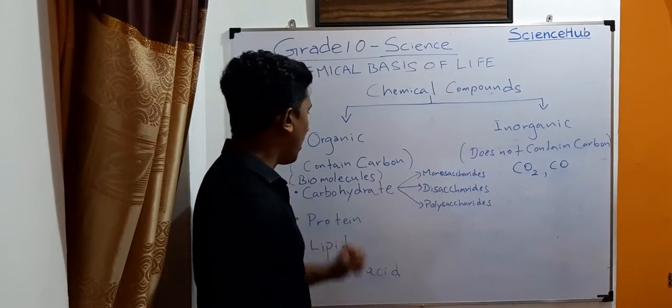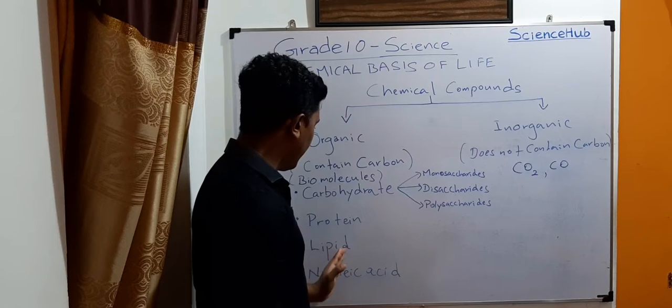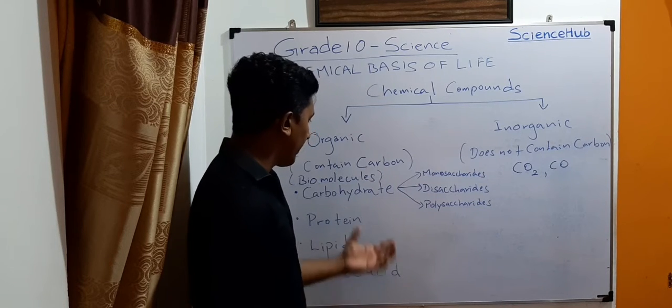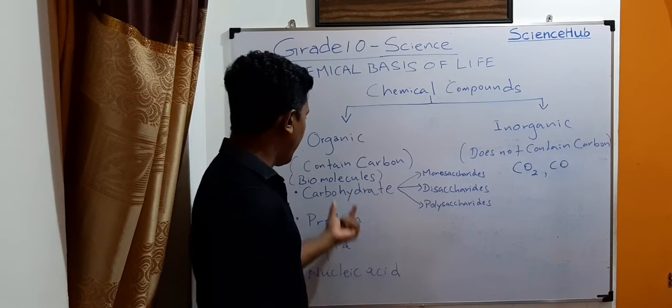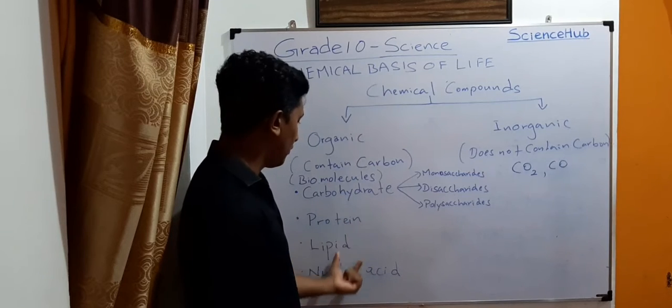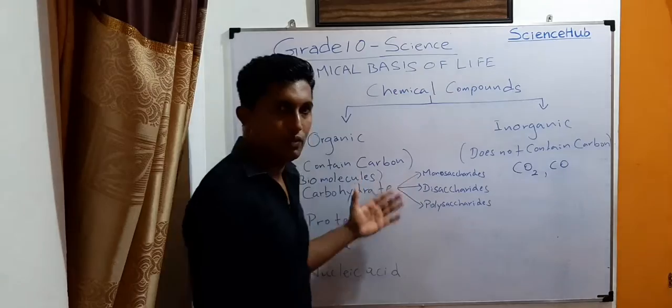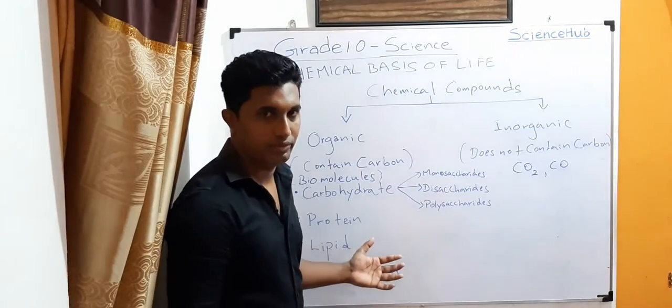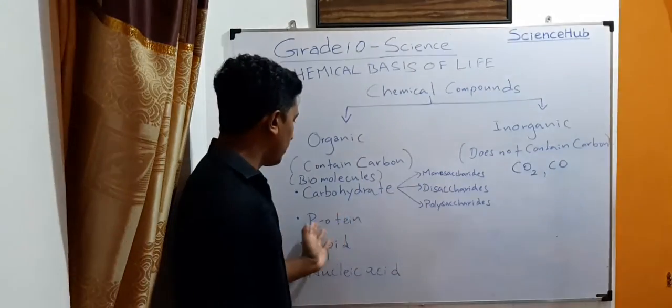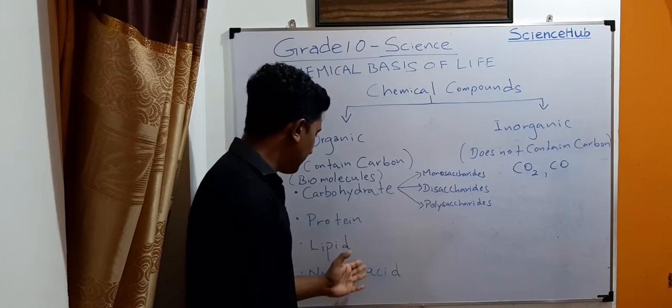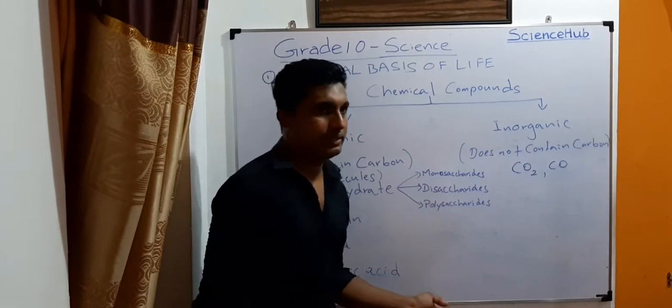Carbohydrates, proteins, lipids, and nucleic acids, we can call these four things biomolecules. Carbohydrate is a biomolecule, protein is a biomolecule, lipid is a biomolecule, and nucleic acid is a biomolecule.